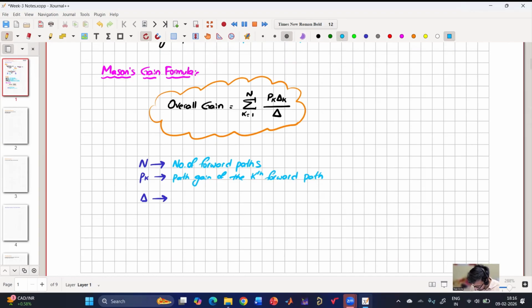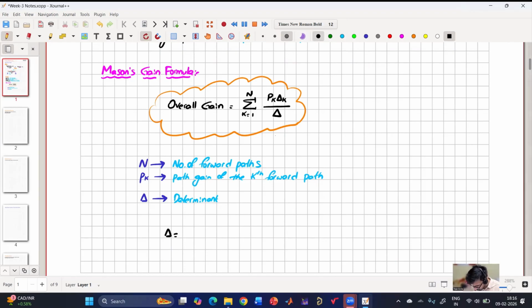Let us see what delta is. Delta is called the determinant of the given circuit or block diagram, and delta is defined like this.